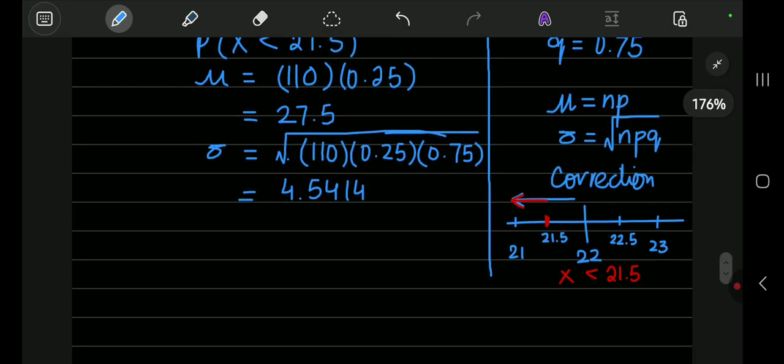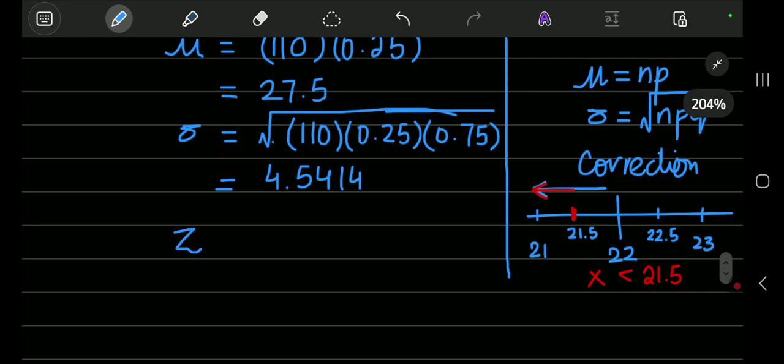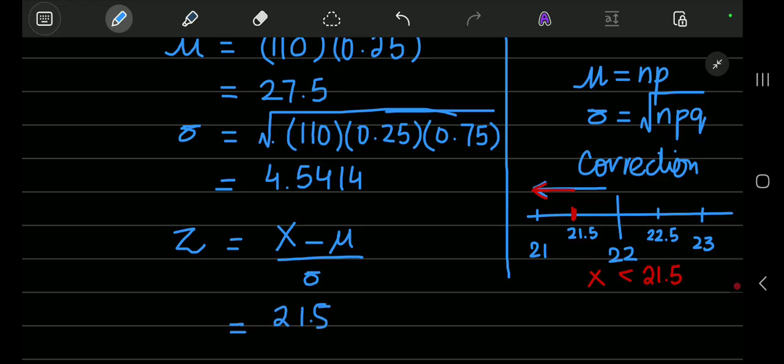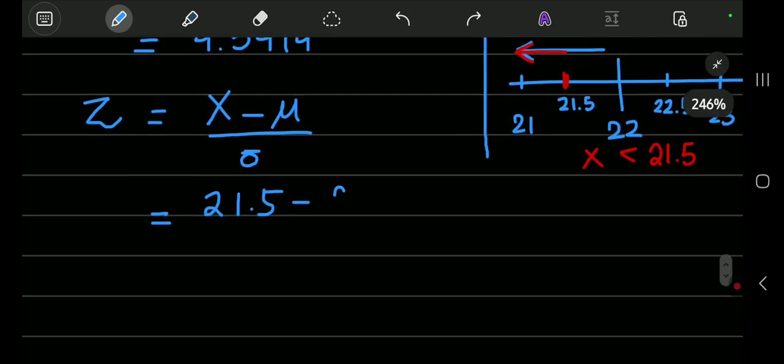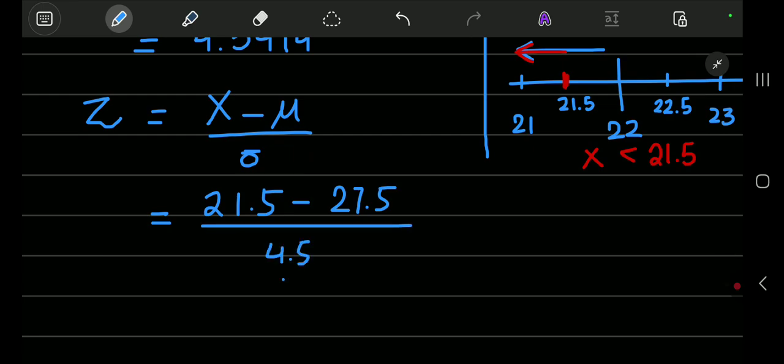And next, as always, we need to find the z value, and that is x minus mu over standard deviation. So what is your x value? 21.5 minus 27.5 over 4.5414.